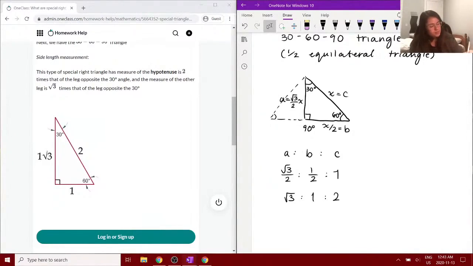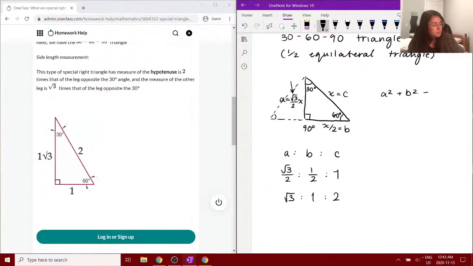And as I said before, the way to find A can be with Pythagorean theorem. So if we start with the equilateral triangle with all 60 degrees and all side lengths of x, then we know that C is x already because we did not touch that side, and we know that B is half of x because we cut this equilateral triangle down the middle. So we can find what A is using Pythagorean theorem again.